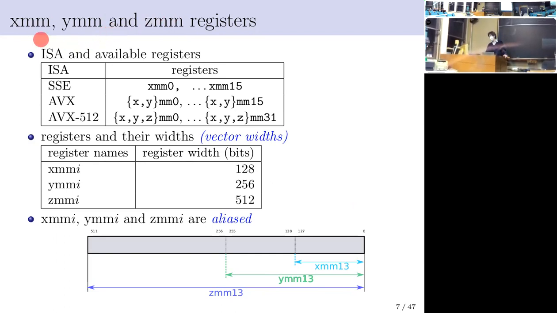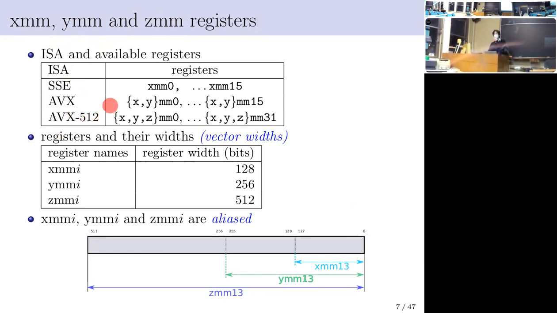The SIMD registers used to be called XMM in the earlier generation called the SSE instruction set. Then in the next generation, called AVX and AVX2, SIMD registers are called YMM. And in the latest generation, AVX512, they are called ZMM.